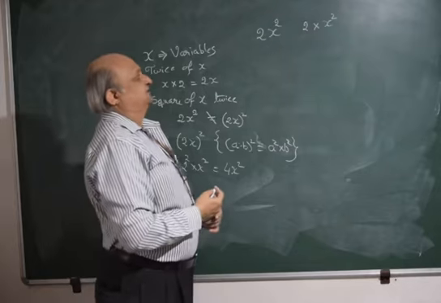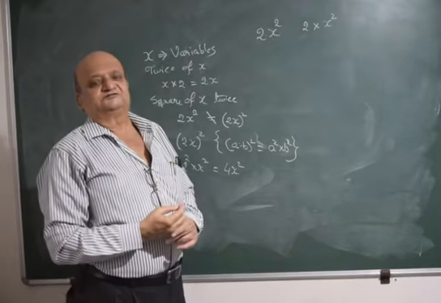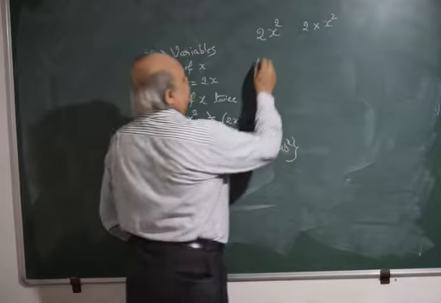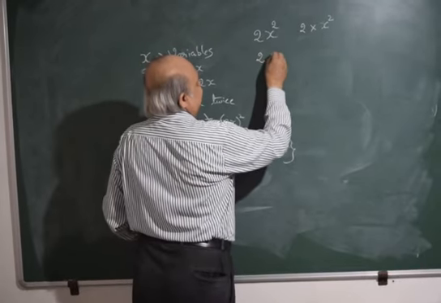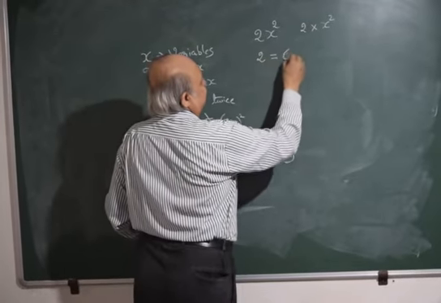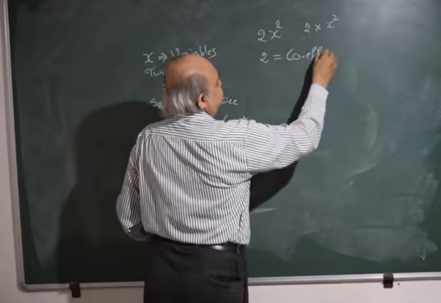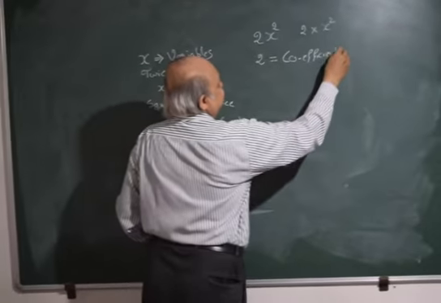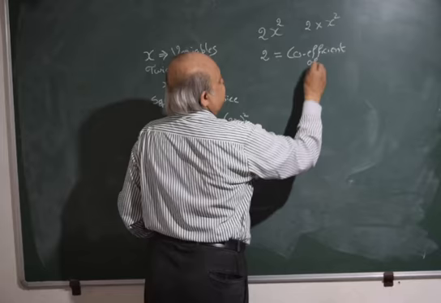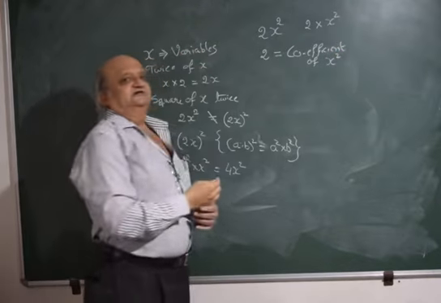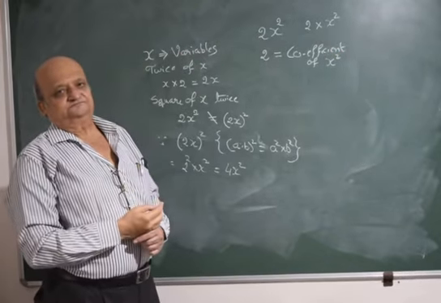Because now we will be using terminologies. The 2 here is called the coefficient, and in this case it is coefficient of x square.